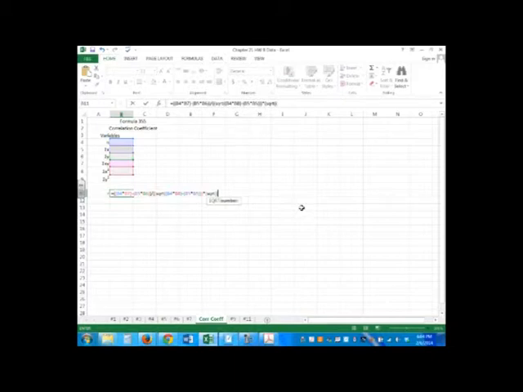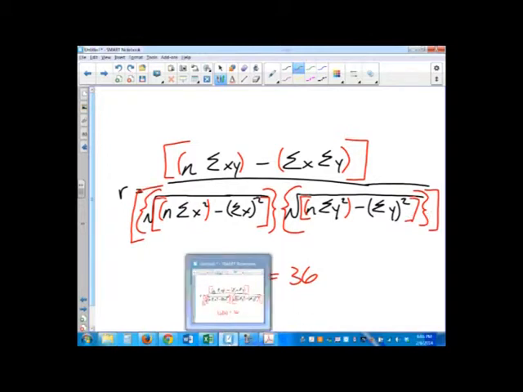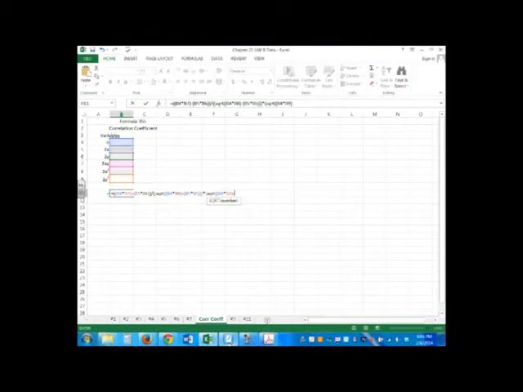One bracket, square root, bracket, bracket, n times the summation of y squared, close bracket, minus, I know that from here, so n times the summation of y squared minus summation of y times summation of y. And then what am I going to have out here? 3. Okay, and since I don't have the squared here, I'll actually have 4.